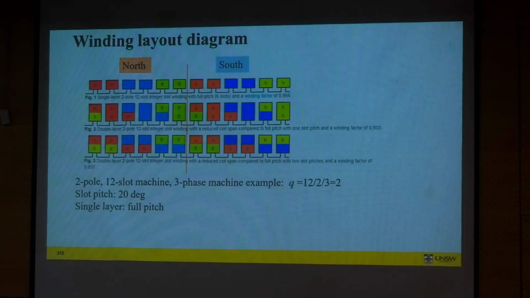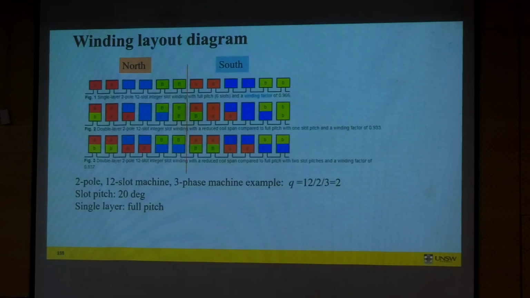Here you are seeing a laid out winding diagram, because if you don't have a winding distribution already known, then you have to do it yourself. If you're doing it from scratch and you are not using a conventional distribution, then you have to do it from scratch.